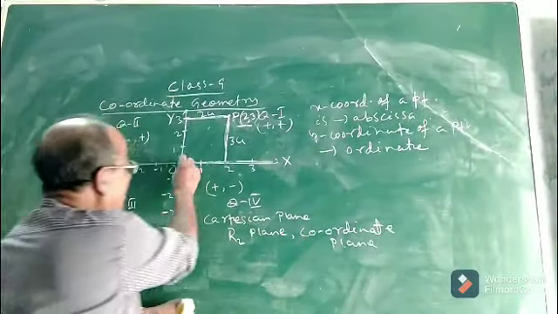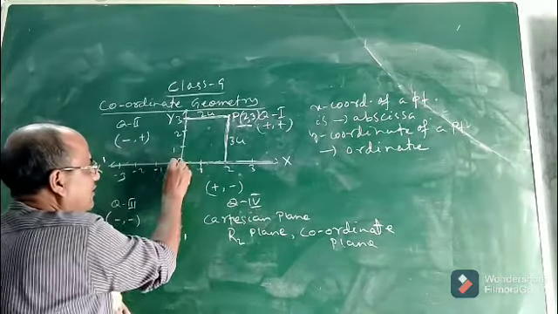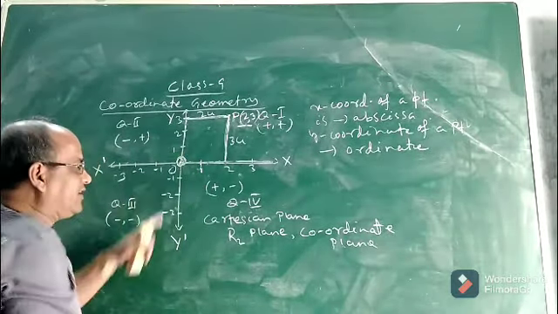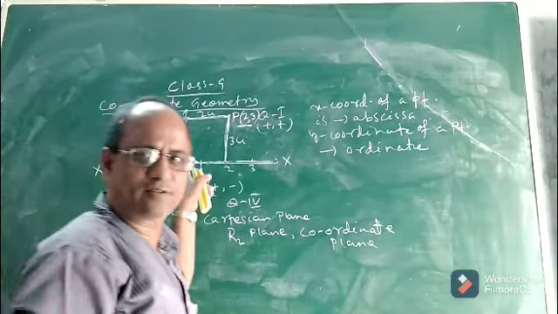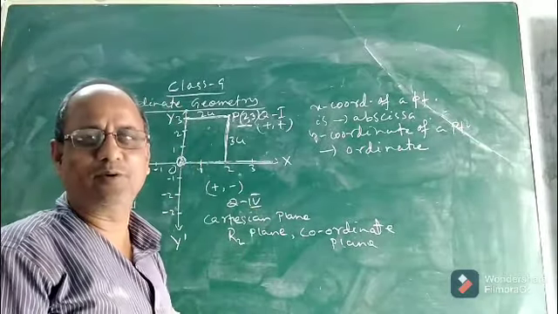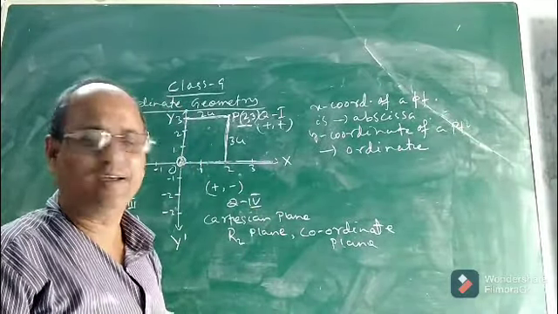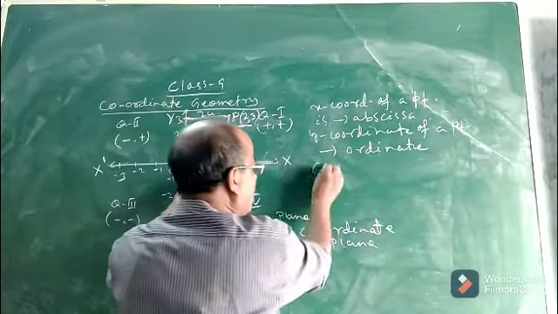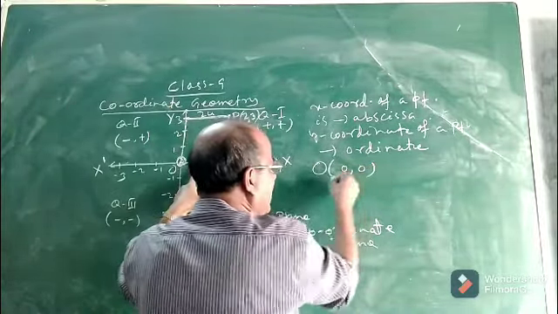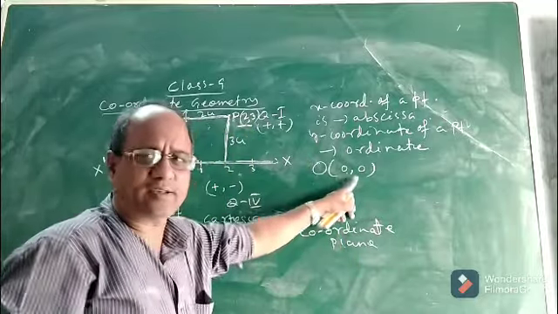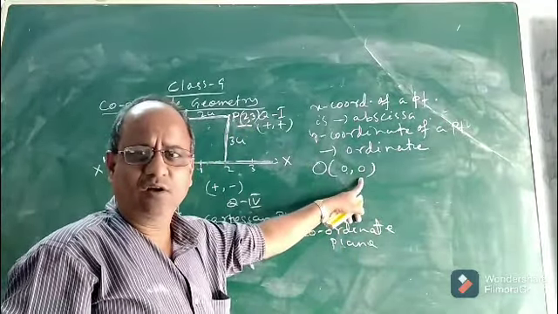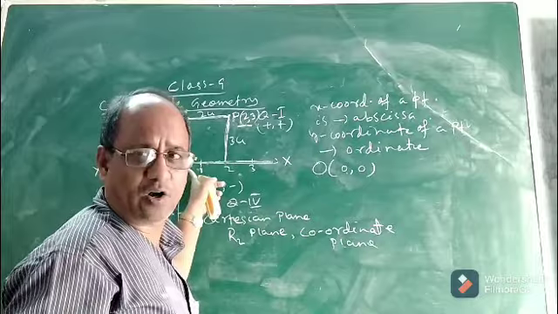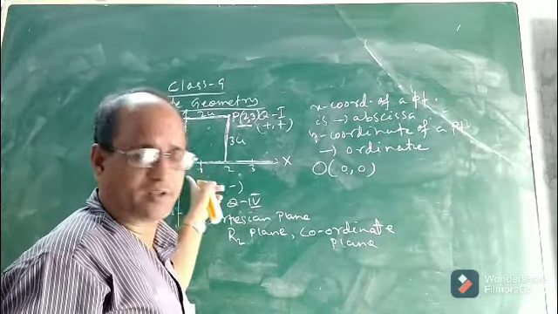Okay, children, now look, this is the origin. Since O is the origin, it will also have two coordinates. What will be the two coordinates? Definitely 0 and 0. Why are the coordinates of the origin 0 and 0? That means both the x coordinate and the y coordinate of the origin are 0.